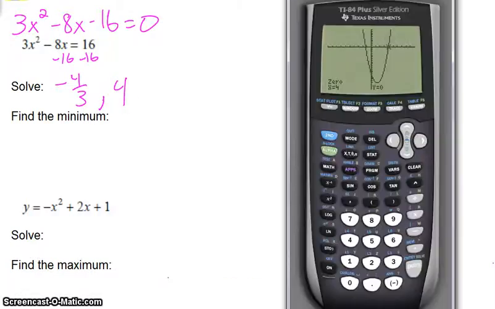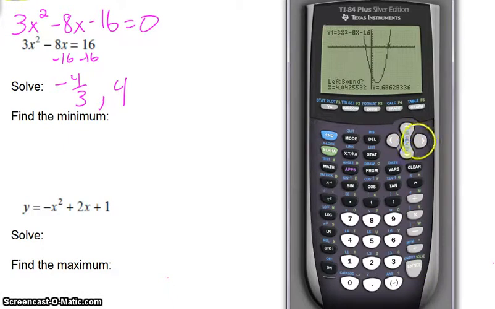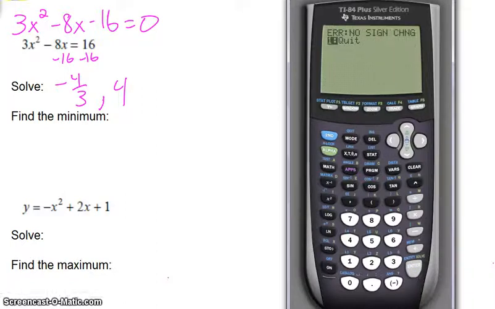Now something you have to be careful about, if you aren't quite to the left and right of your 0, you might get a bound error or no sign change. When you do that, that's just telling you that you didn't quite find an area that's to the left and right.